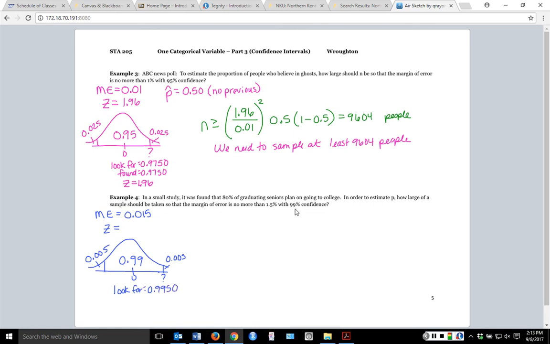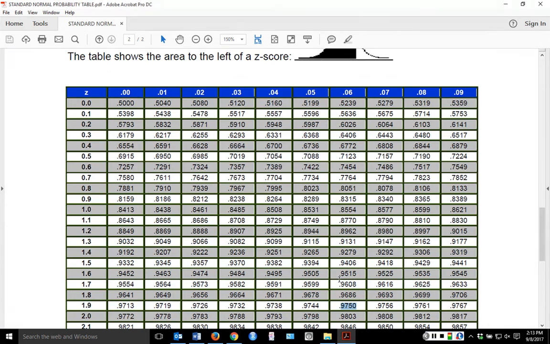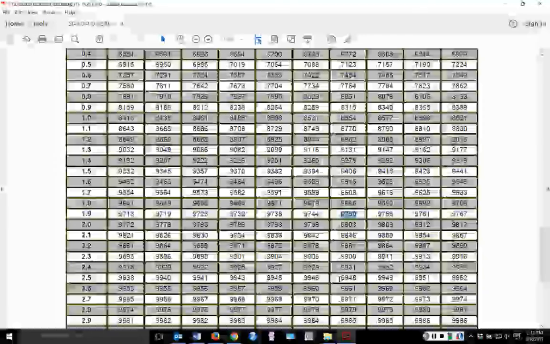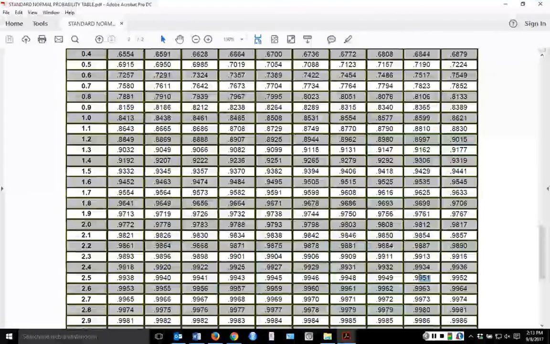So I'm going to go looking for 0.9950 and find the closest thing I can. Which you find is 0.9949 and 0.9951. Both of them are the same distance away, so you pick either, we're good. And then I just got to figure out which row and which column that happens at again. So I'm going to have a z of 2.58.